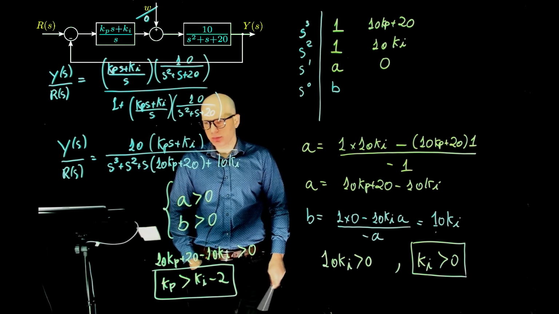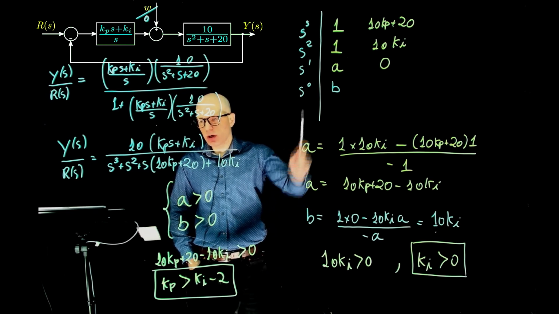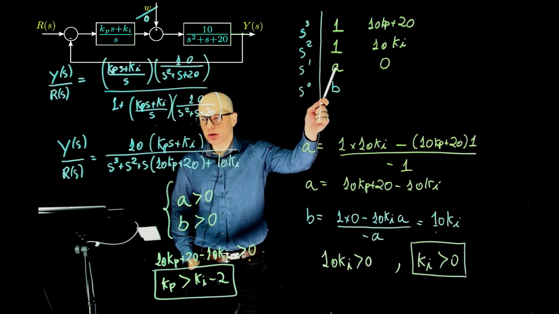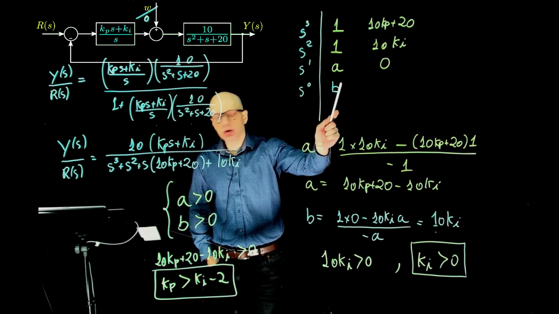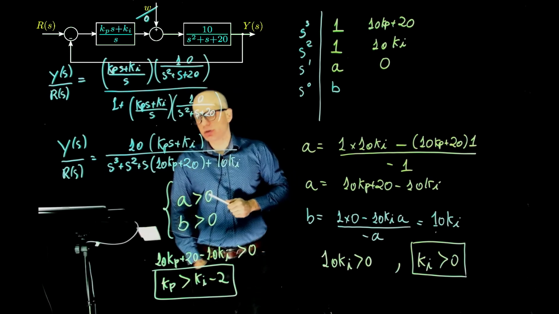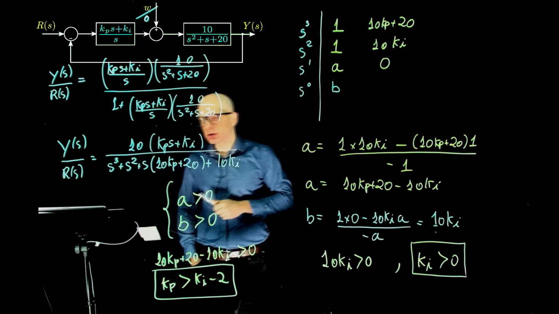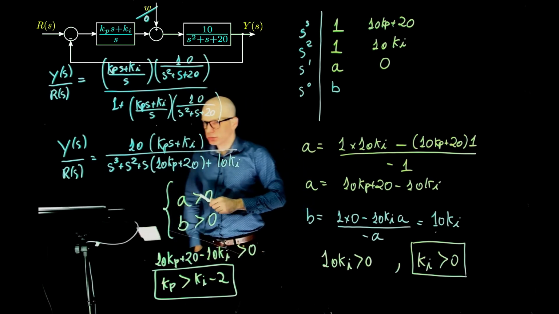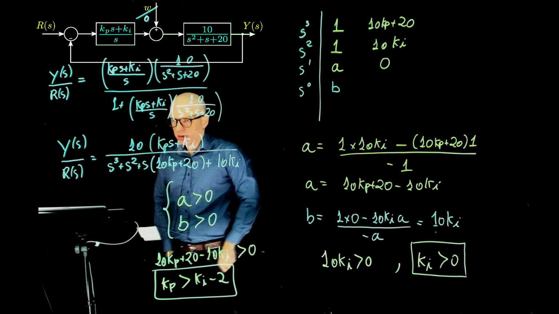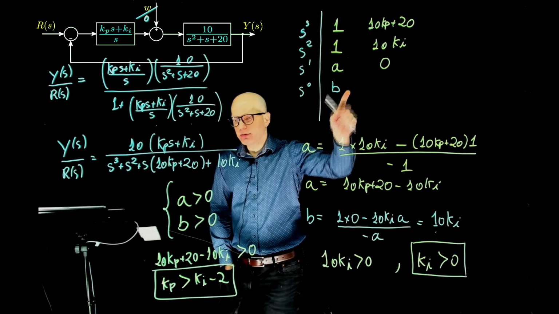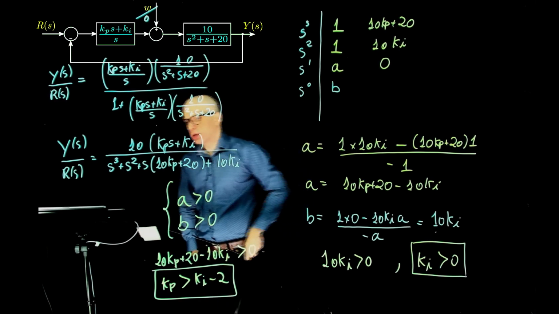Yeah. So if A is smaller than 0, it would be 2 unstable poles. If B is the one smaller than 0 only, then you only have 1 unstable pole. And if both of them are negative, then there would be only 1 unstable pole.